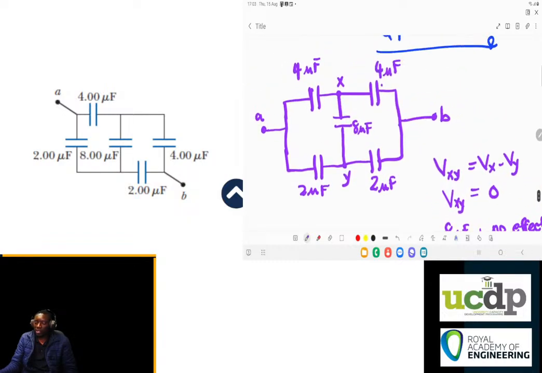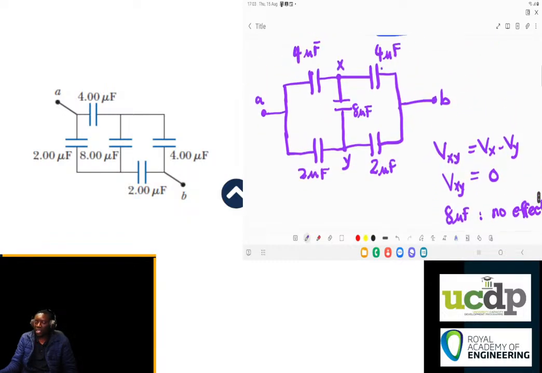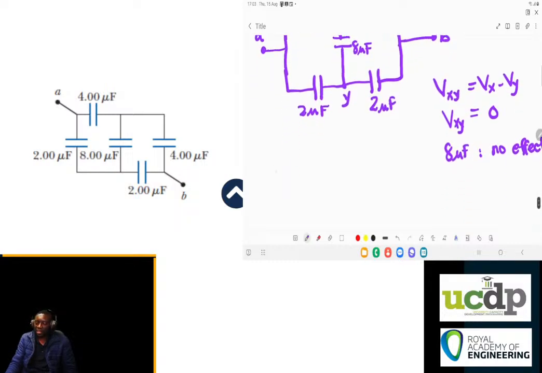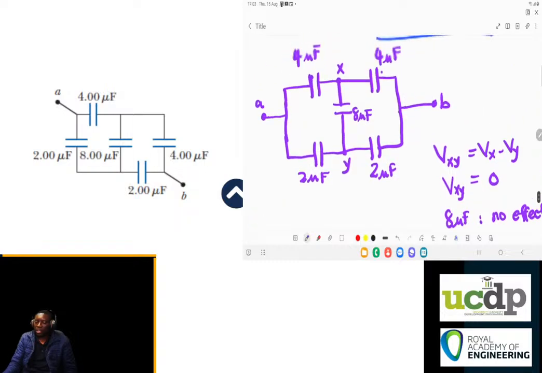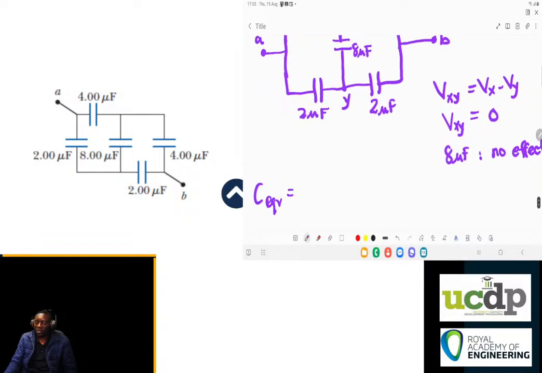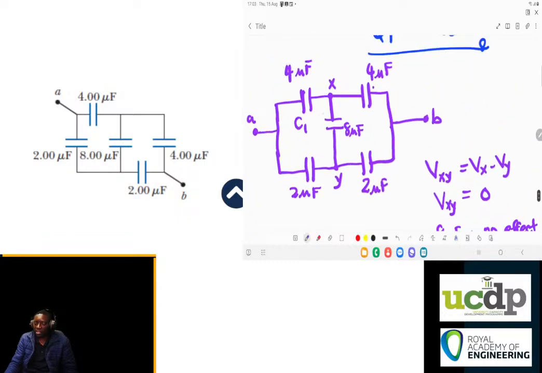So when we deal with the equivalent capacitance, we are adding the two top capacitors as capacitors in series. Let me give them names, C1, C2, C3, and C4. So C5 is out.